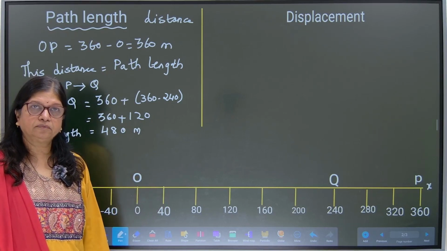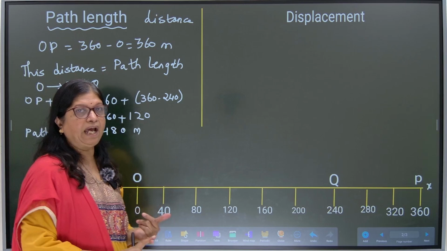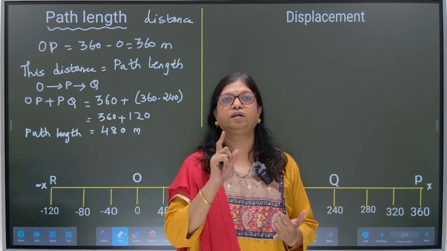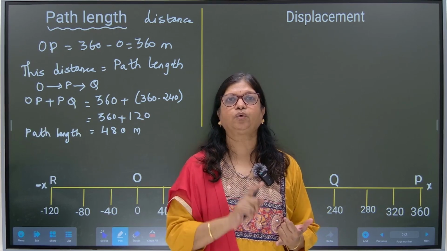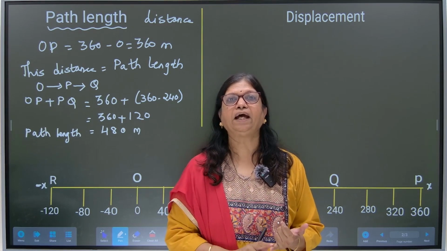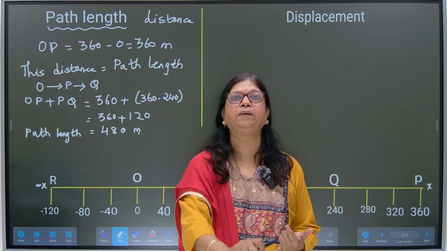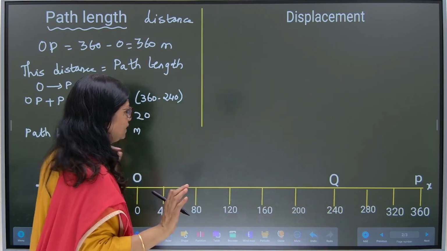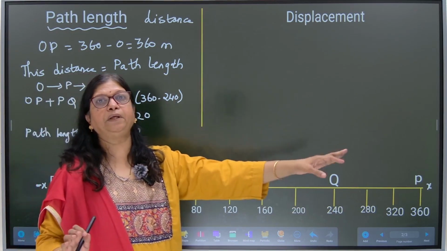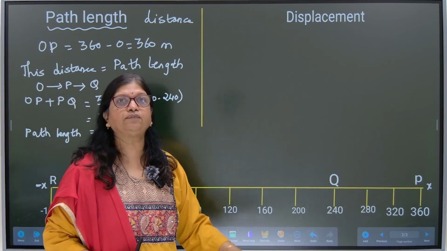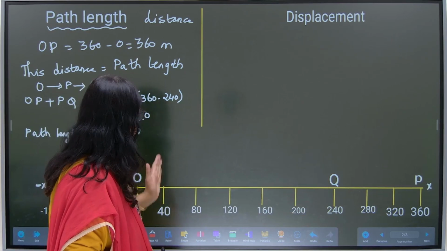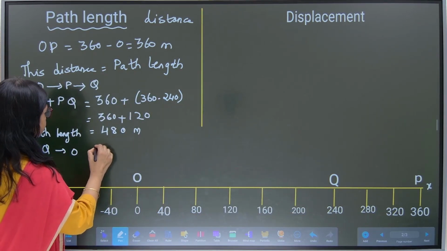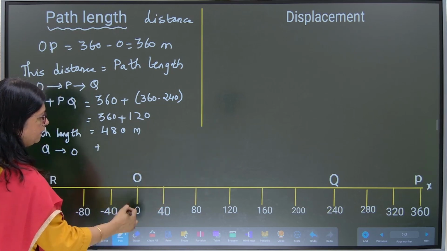Fine. Okay. So when I calculate the path length of a body, I must calculate the distance travelled by the body in parts from one point to another. All the distance should be calculated, that is from O to P and P to Q. Further, if the body is travelling from Q to O, then again I have to add Q to O, 240 minus 0.